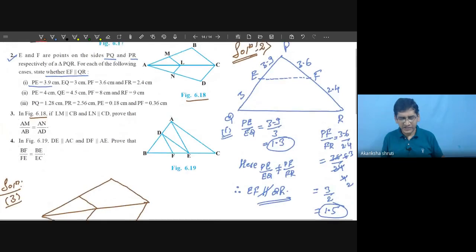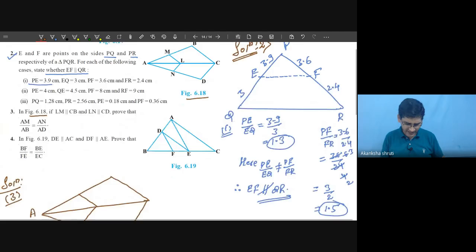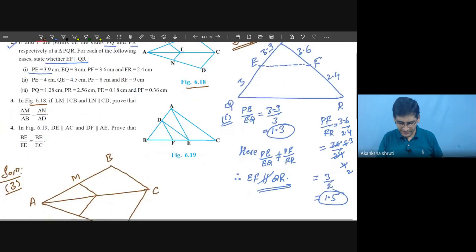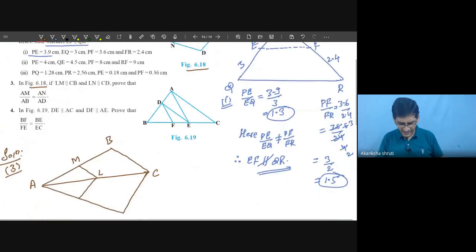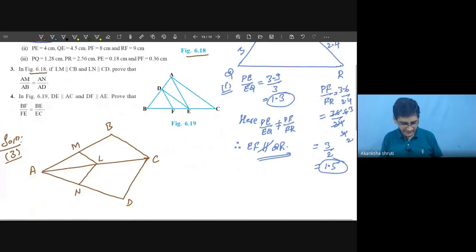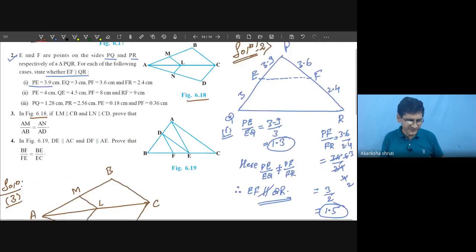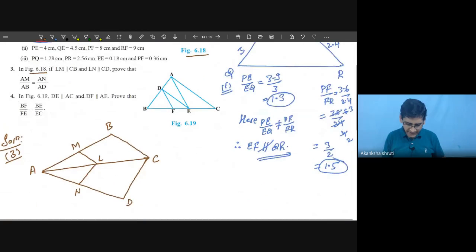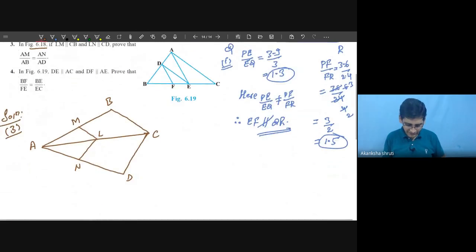Let us mark the points. The first point is A. Between A and B there is M. The other point on the horizontal is C. Between A and C are L, N, and D. So this is the figure given, and here we have to prove this ratio. In this case, what is given has to be written first.